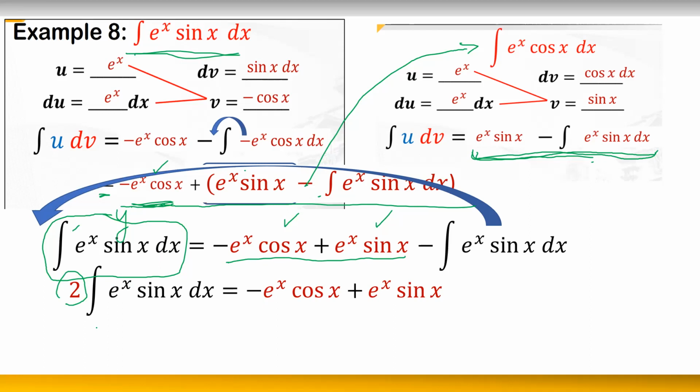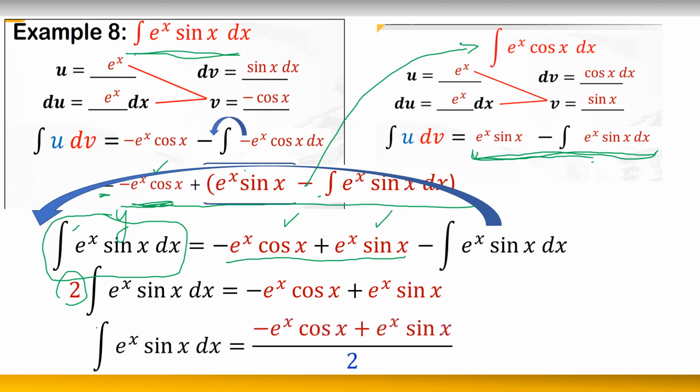desired integral. So, our integral of e to the x sine x dx is equal to the fraction negative e to the x cos x plus e to the x sine x all over 2. Don't forget, we still have a plus c. Okay, and that becomes our final answer to this example 8. Okay.